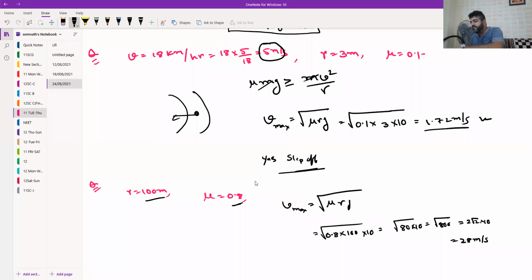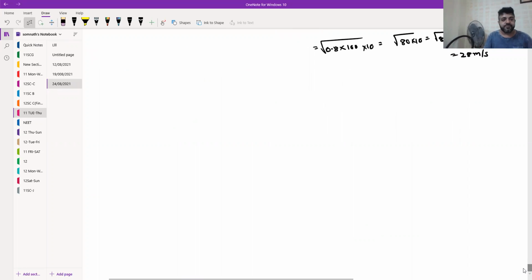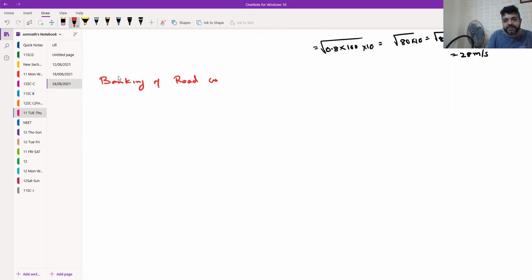So now we can see the rest part. We can see the next part, next level. The heading is banking of road with friction.